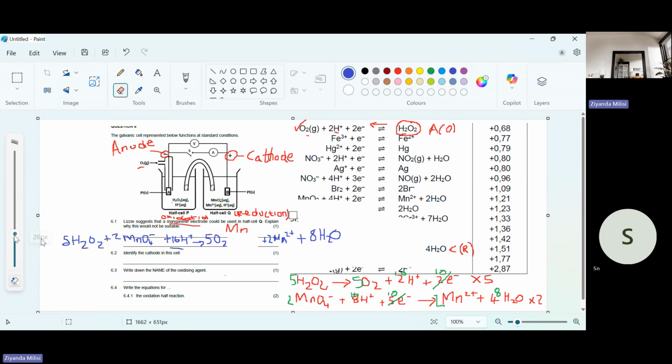Have you ever heard of addition of like terms? So you do addition of like terms.